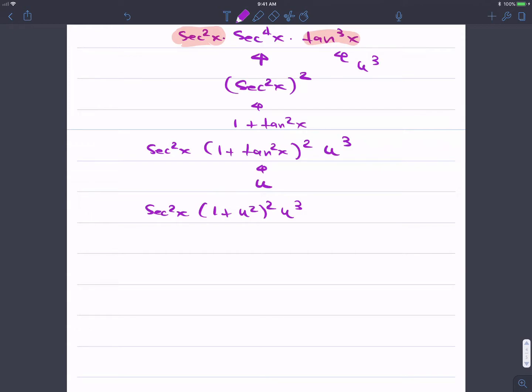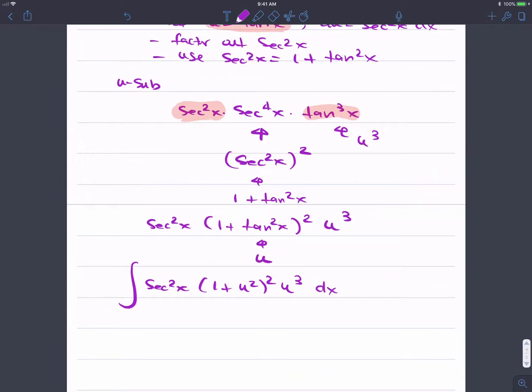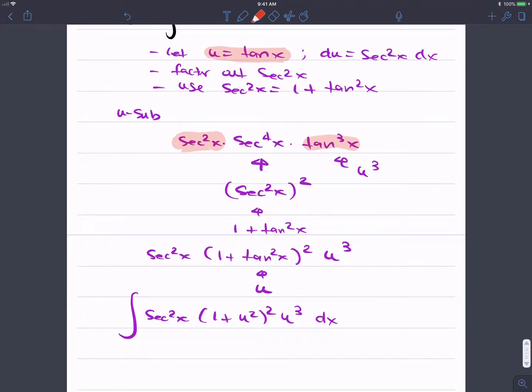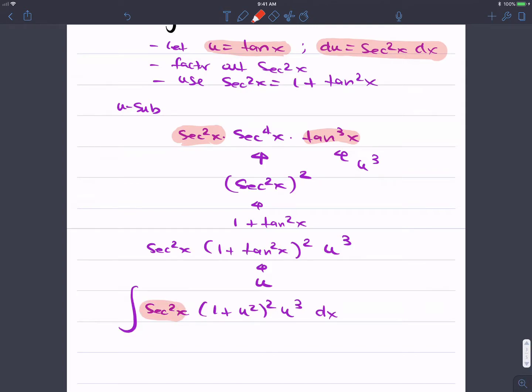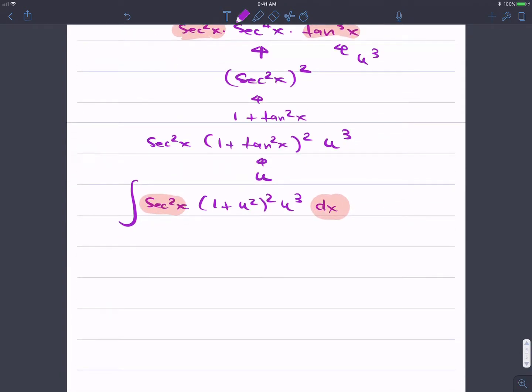So this integral now is what we're going to integrate. There's a dx here. And let's go back and use this fact that du is secant squared x dx. So here's my secant squared and here's my dx. I can replace this product with simply du. So I have the integral of 1 plus u squared, squared, u to the 3rd du.